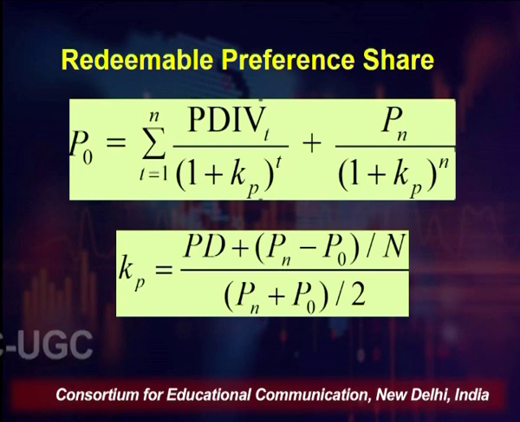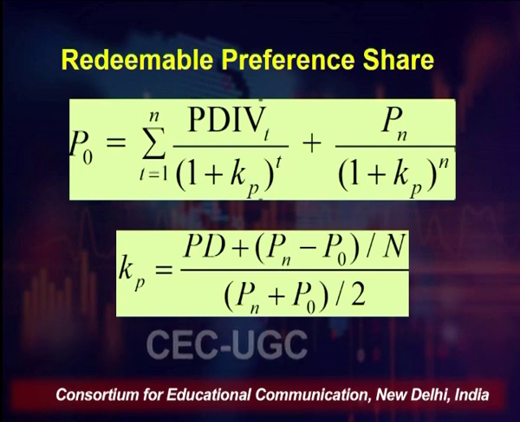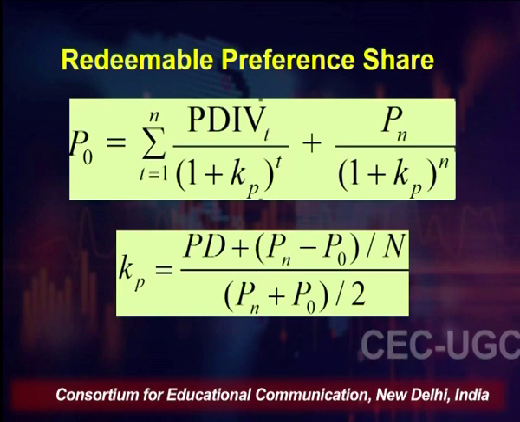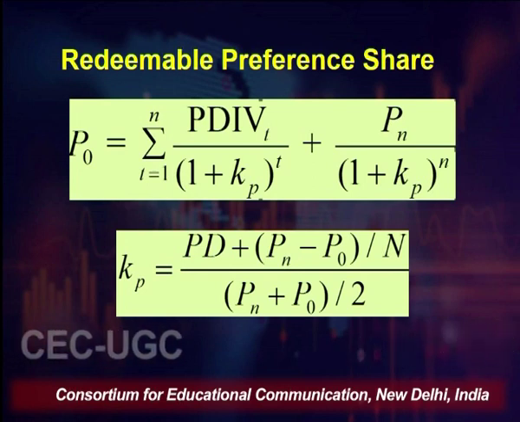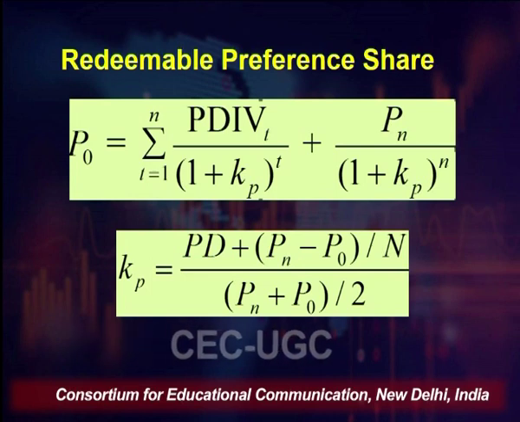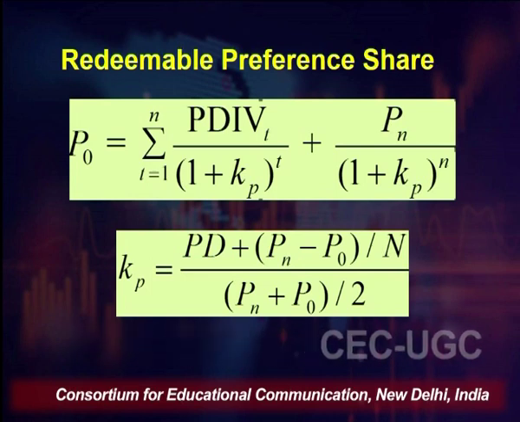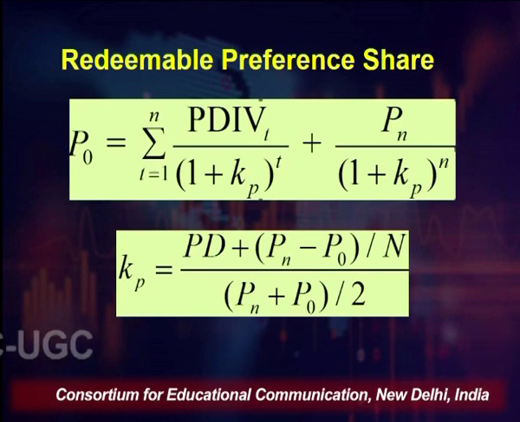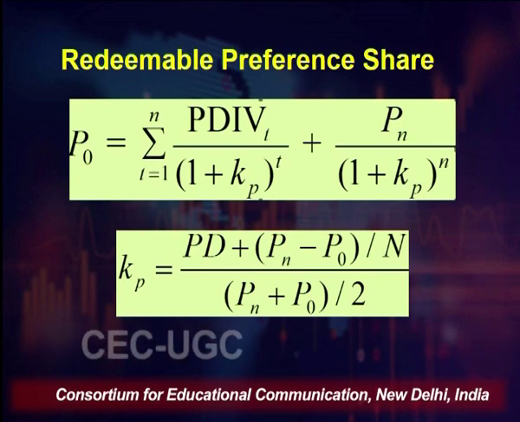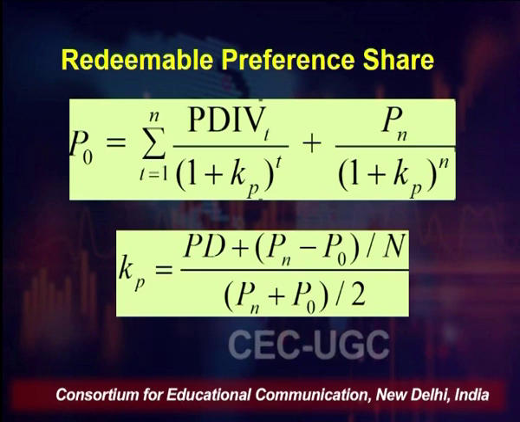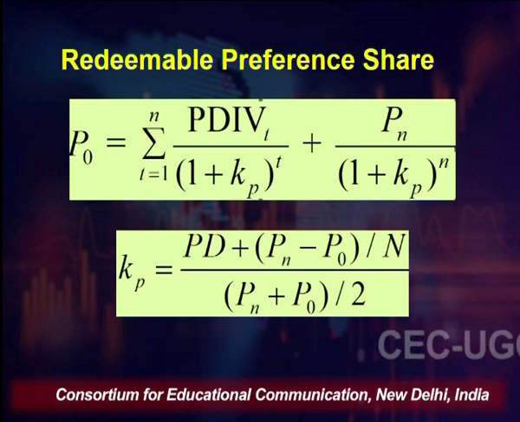We can calculate the cost of preference share using the shortcut method, but the only catch in this case is tax rate is not applicable. Okay. So, like we were deducting tax from the interest, here we cannot apply it. Here the shortcut method will be used using this formula, where preference dividend plus redeemable value of preference share minus value of preference share now.